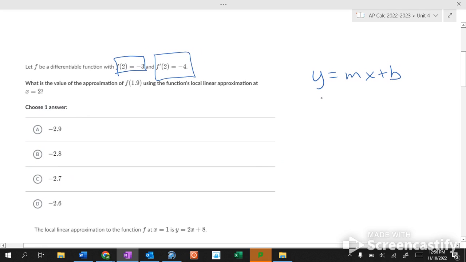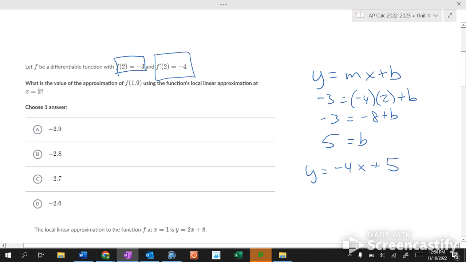So -3 equals -4 times 2 plus b. So -3 equals -8 plus b. So b equals 5. So y equals -4x plus 5. We good with that?